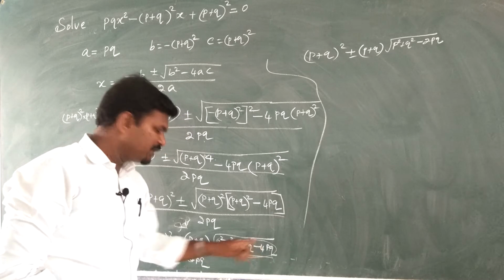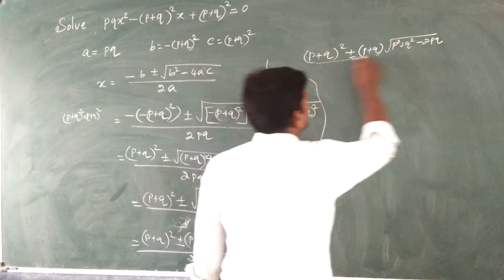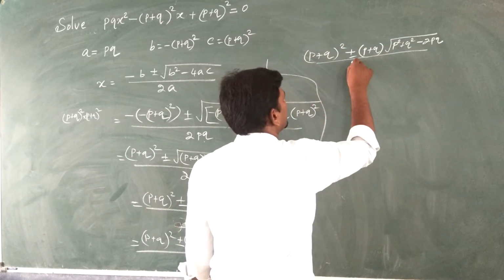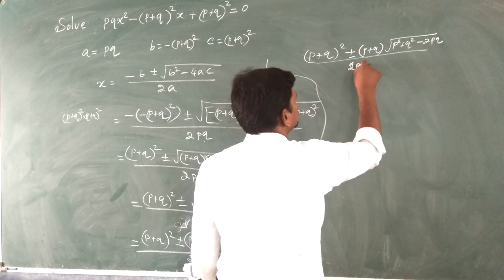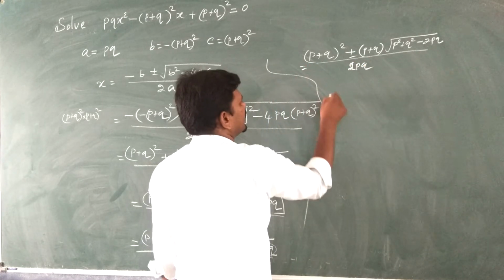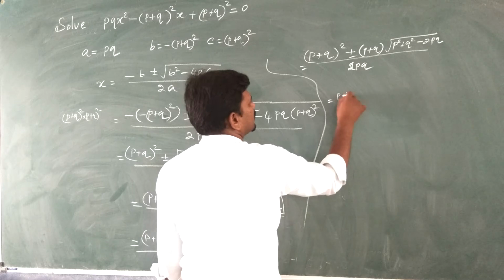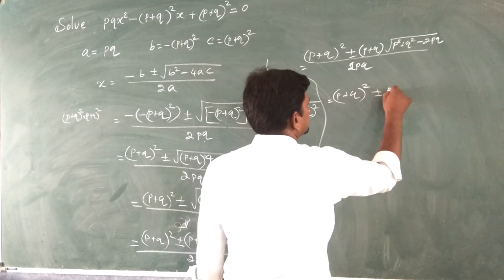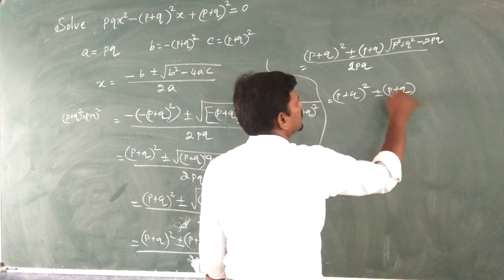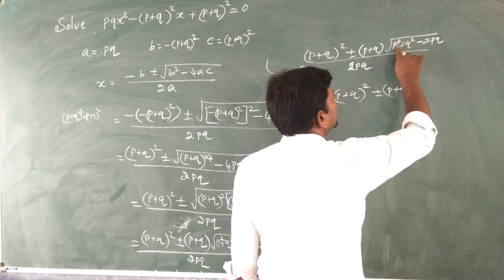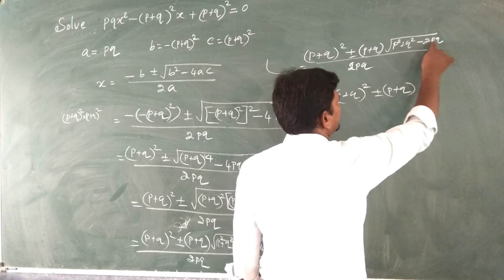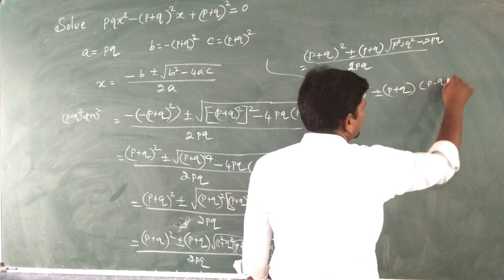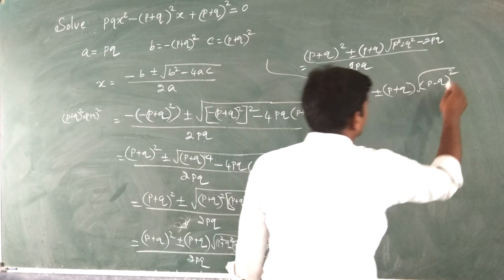We can simplify 2pq minus 4pq, so we get p square plus q square minus 2pq, by 2pq. Then in the next step, whole square plus or minus (p plus q). This is a square plus b square minus 2ab, so it is (p minus q) whole square.